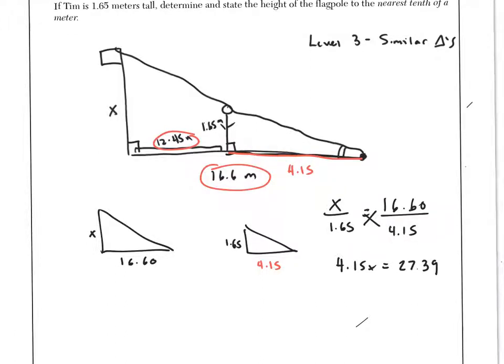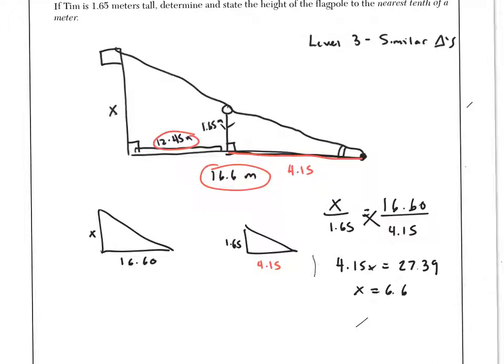That doesn't make sense. 16.6 times 1.65. Oh, okay. And then we just divide by 4.15, and we get x is equal to 6.6.